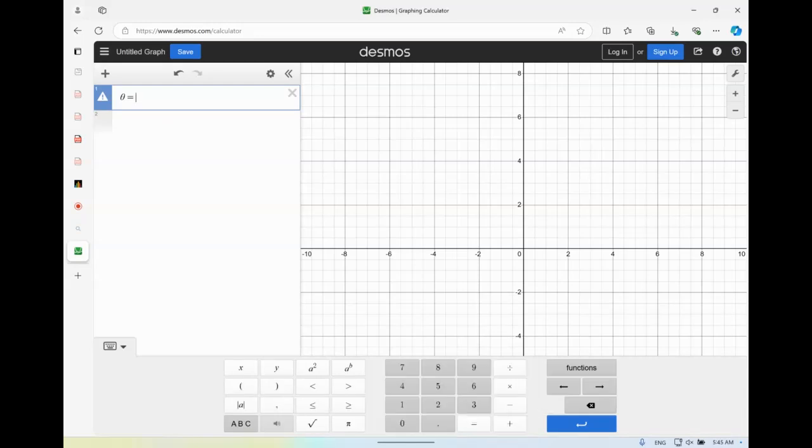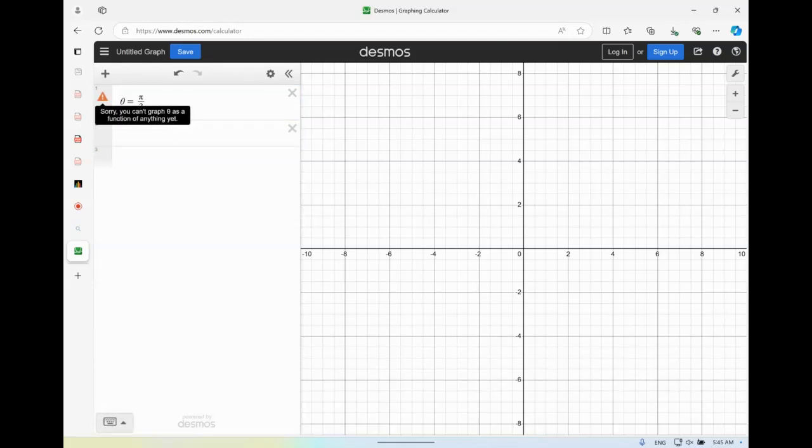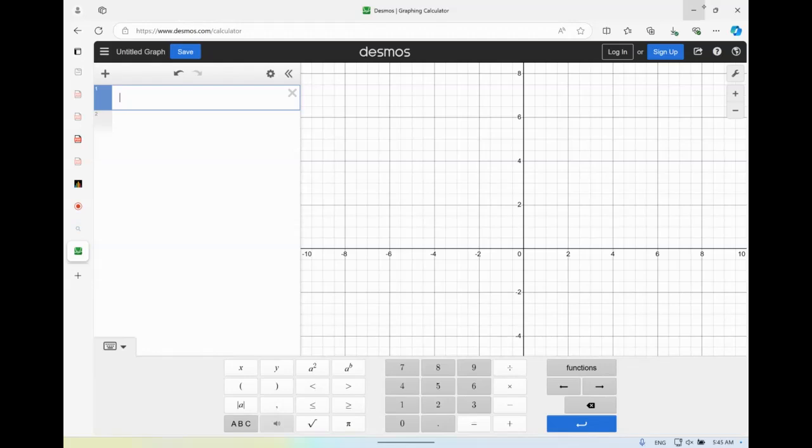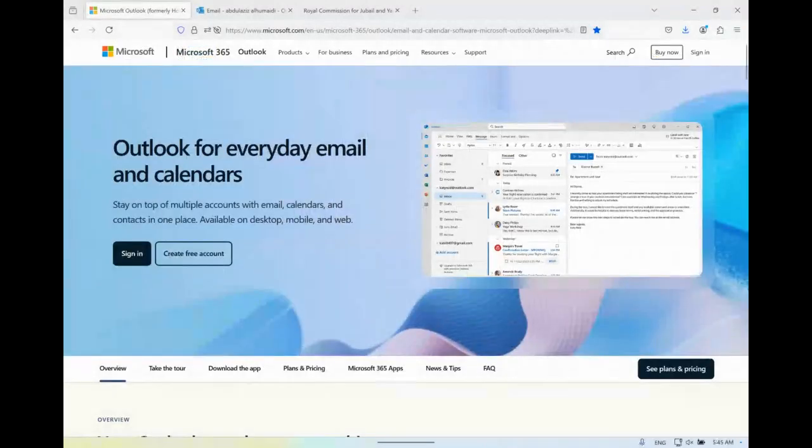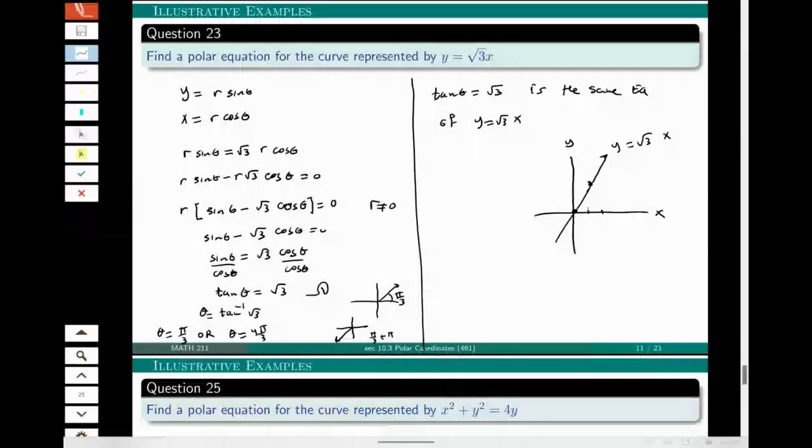Where is pi? Yeah, here is pi divided by 3. What's y? It says here we cannot graph it as a function of anything yet. Okay, there is a limitation here in this software. Anyway, so the answer is definitely theta is equal to pi over 3 and 4 pi over 3 for this answer.